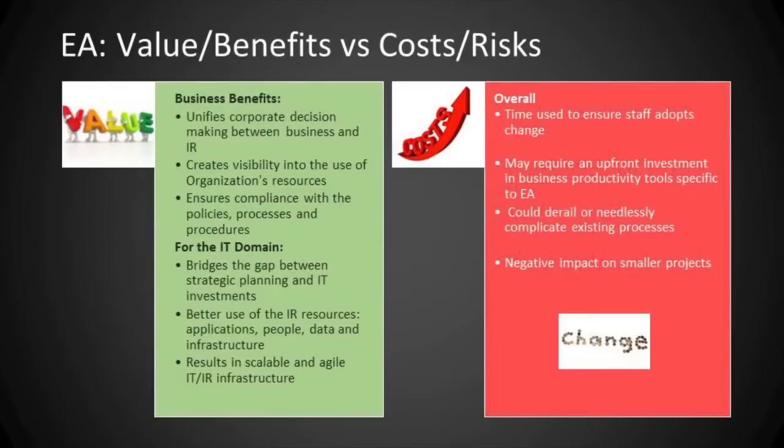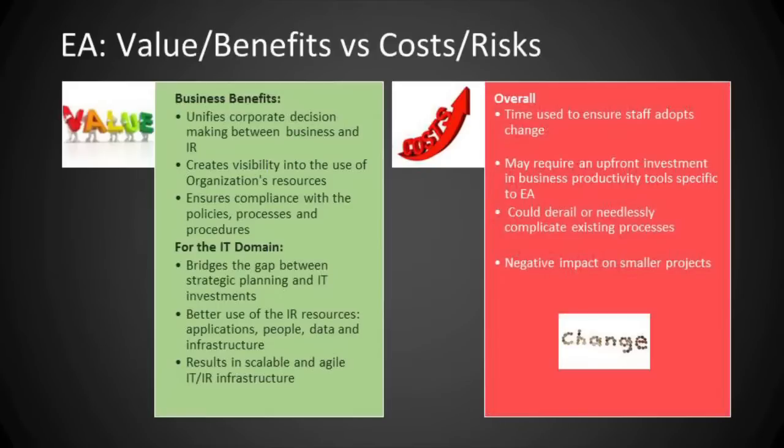Again, it bridges another gap between the strategic planning process and the decision to invest in IT infrastructure. It also allows for better utilization of IR resources, and that includes, of course, the application/software, people, data, and the hardware. And in the end, over time, as the enterprise matures in EA, it could result in the creation of a more scalable and agile IT/IR infrastructure.